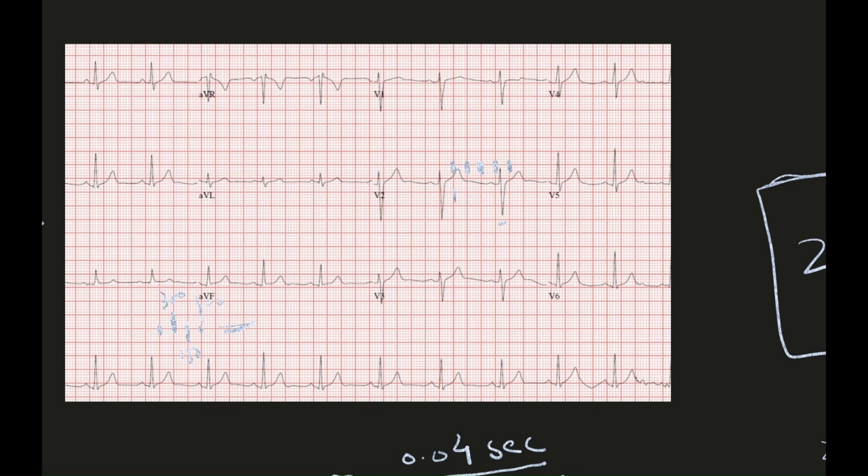If this QRS complex were over here, the heart rate would have been 150. If this QRS complex were over here, then it would have been 100. This one is 75. Now this QRS complex lies between the milestones of 75 and 60.